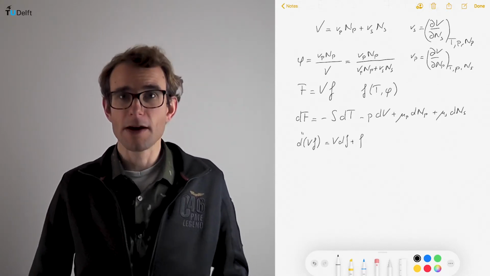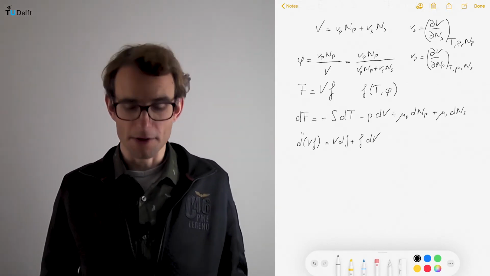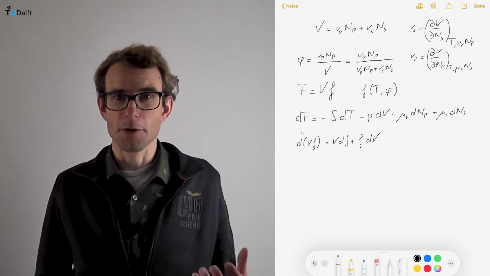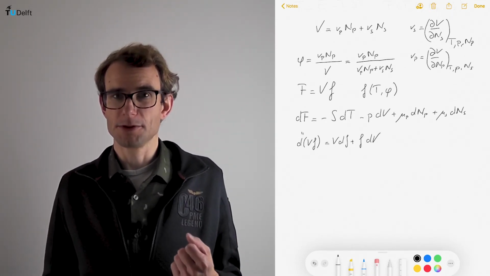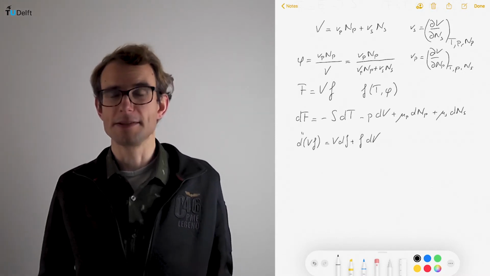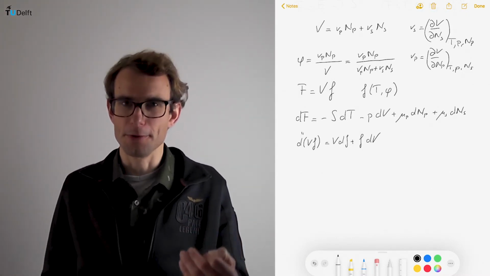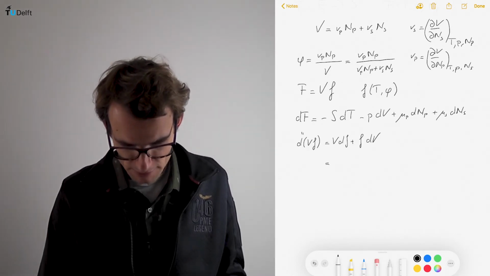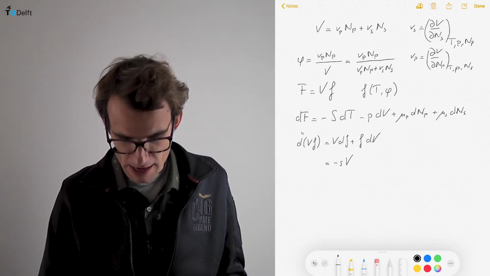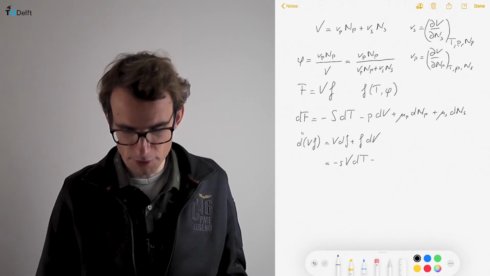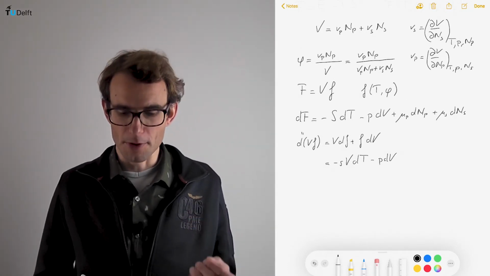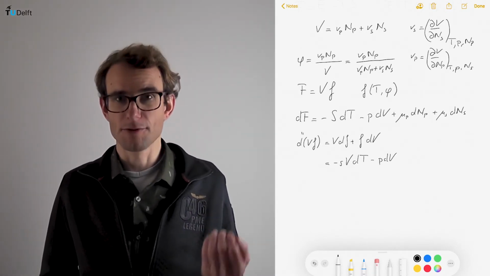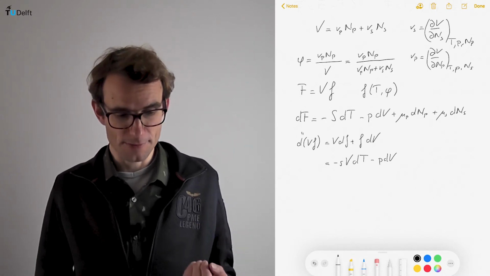Now I can also do the same thing on the other line. I have the entropy, which is an extensive variable, so it scales with the volume, so I can write it as the entropy per unit volume times the volume itself. So it's minus small s V dT. I have the pressure times the variation in the volume. I'm just going to leave that. And then the number of particles I can find from the volume by scaling it with phi.